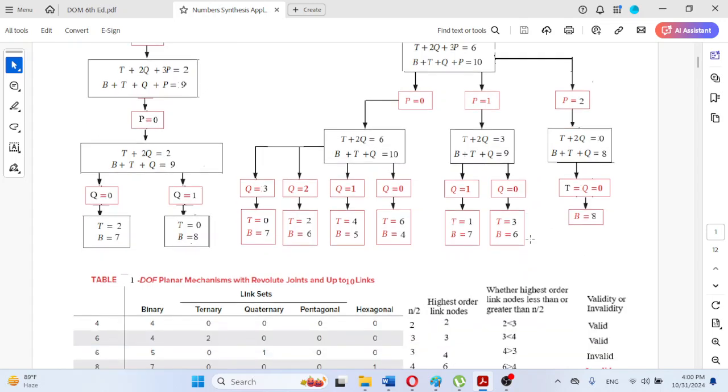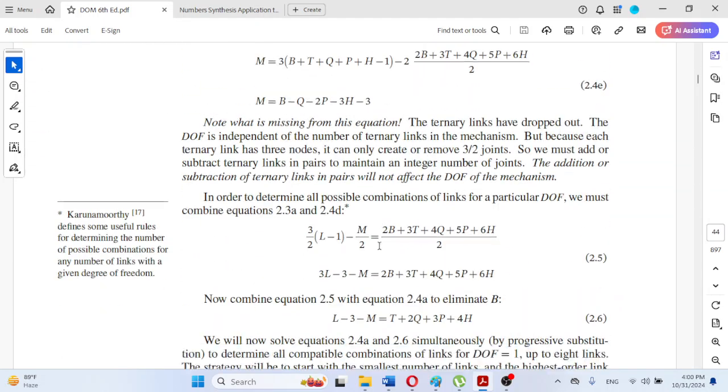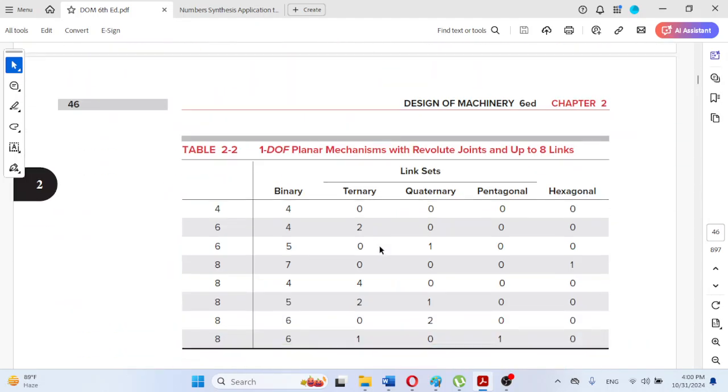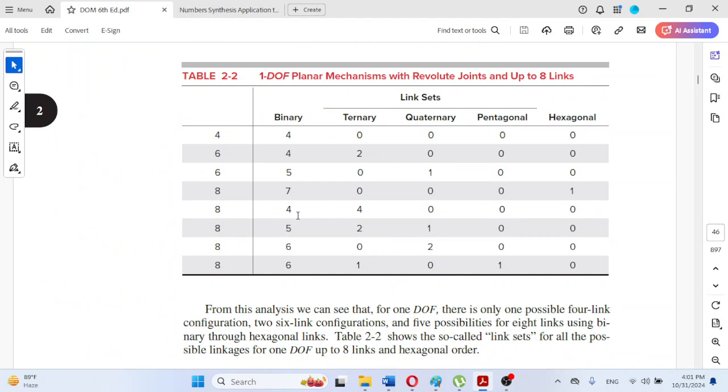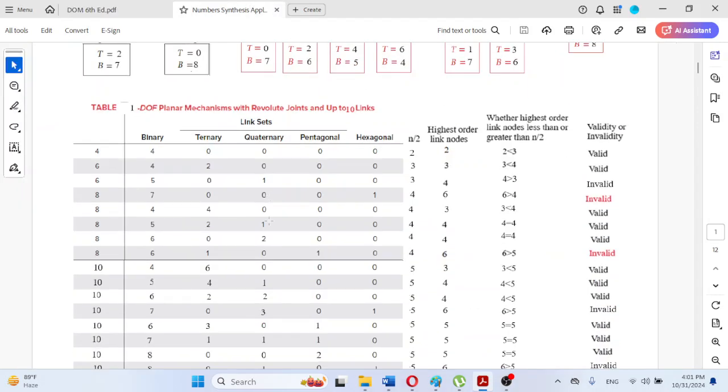So now we observe this table. In this table, the link number goes up to 8 links; this table was actually available in the book, but now I have added the link count up to 10.